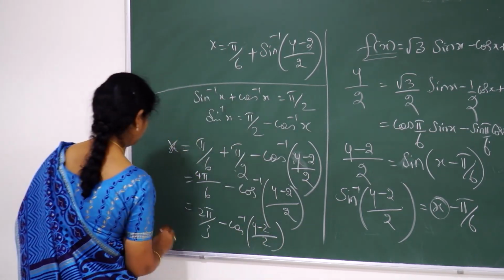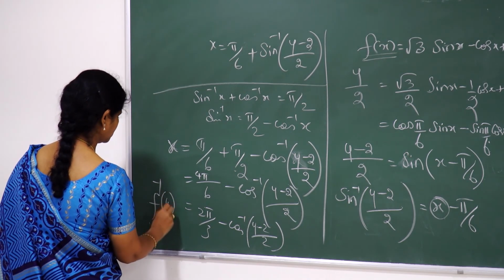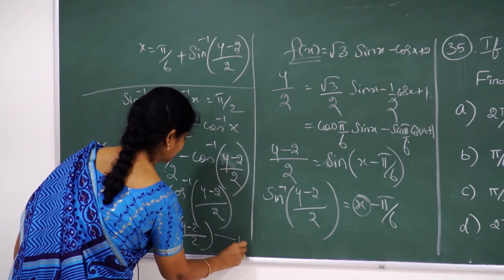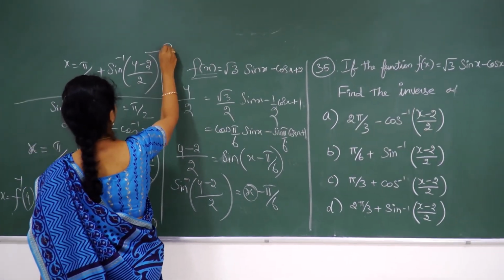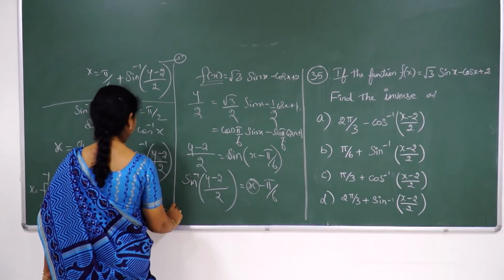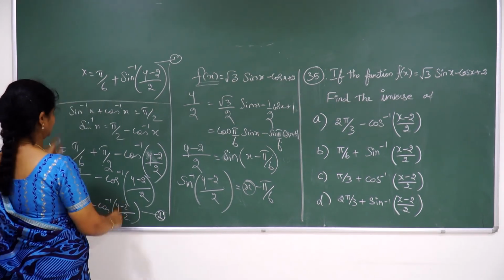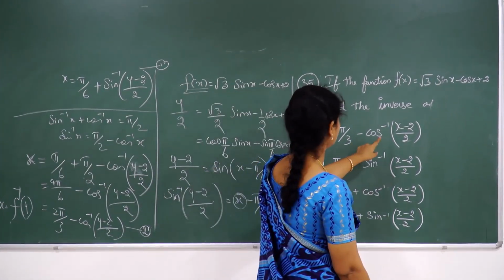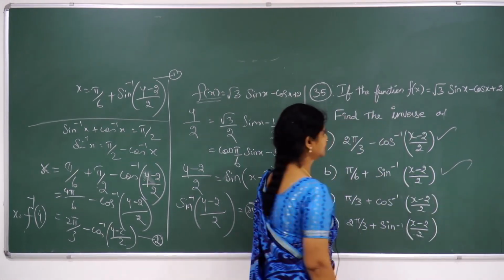So this is your f inverse of y, which is nothing but your x. So 1 and 2 are the correct answers. This is also an inverse formula, and this is also an inverse formula. So A and B are the correct answers for this problem.